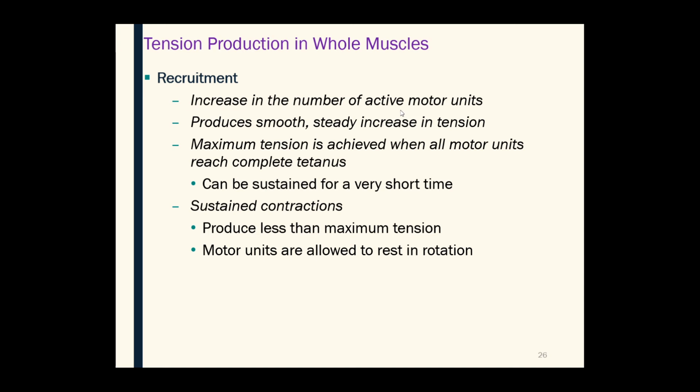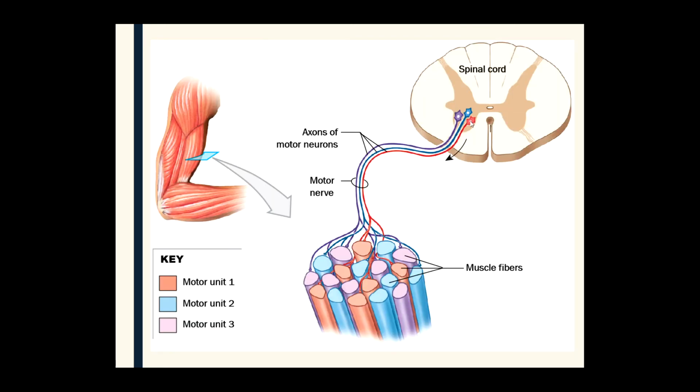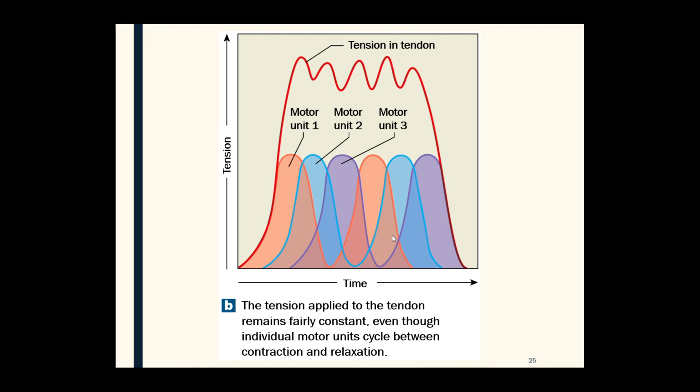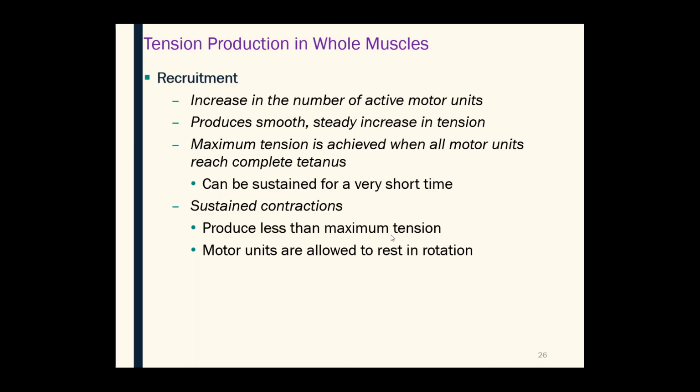Going back to my original example with the 5-pound weight, maybe only the red motor unit fired. Then maybe we went to 10, then the red and the blue fired together, and now we go to 20, the red, the blue, and the purple will fire. We're adding the number of motor units so that we ultimately get more fibers. That concept is known as recruitment, and this produces a smooth, steady increase in tension.